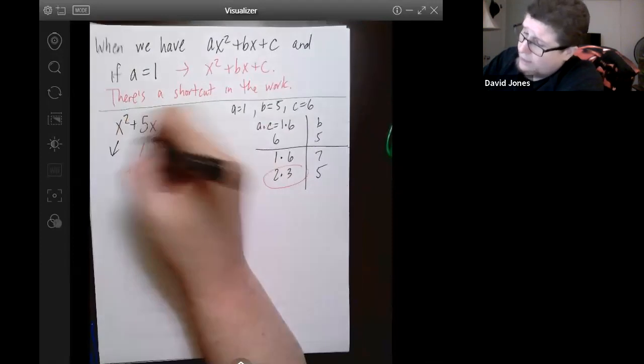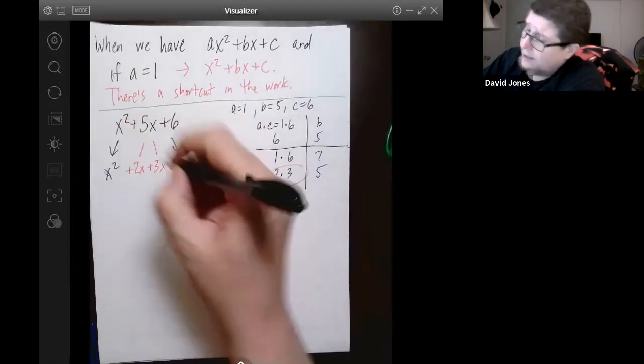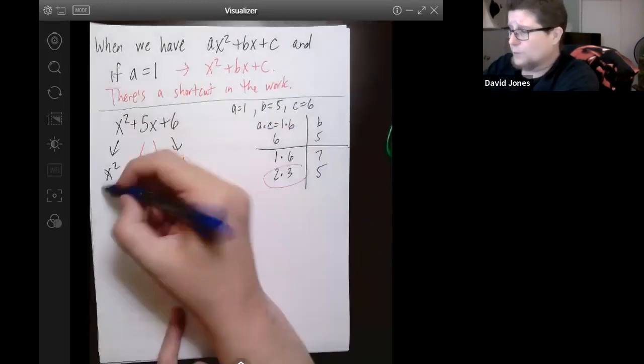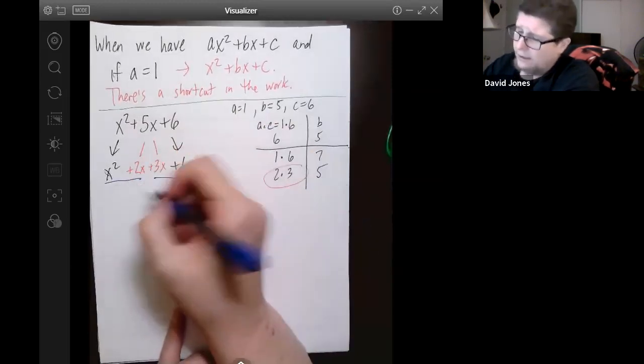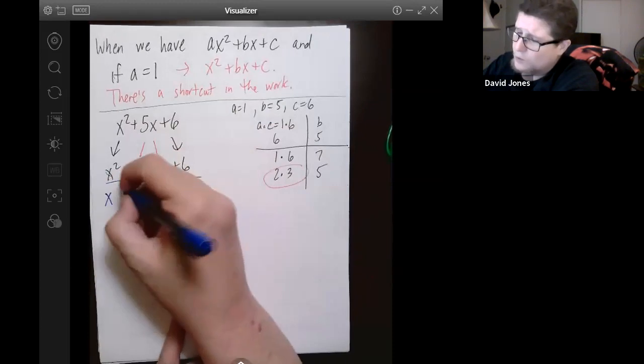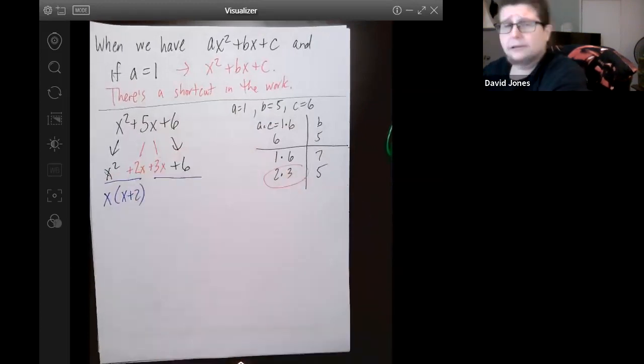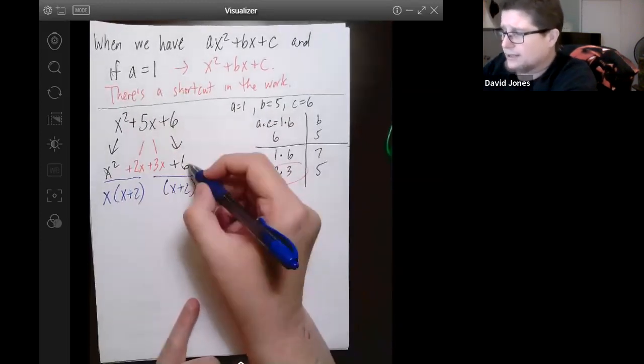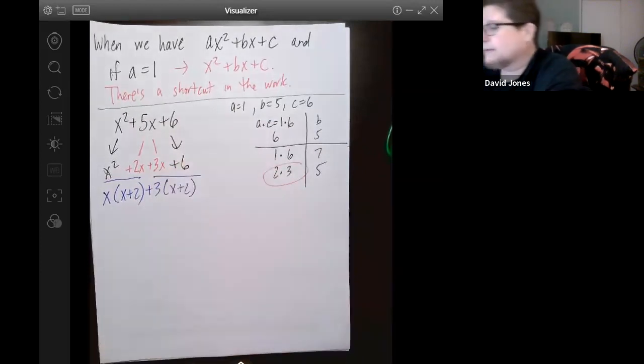Bring my x squared and my 6 down, and we factor by grouping these. Only an x can come out of the first one. We have x plus 2. My x plus 2 should repeat. And I see both 3 and 6 are divisible by 3, so we pull out a 3.